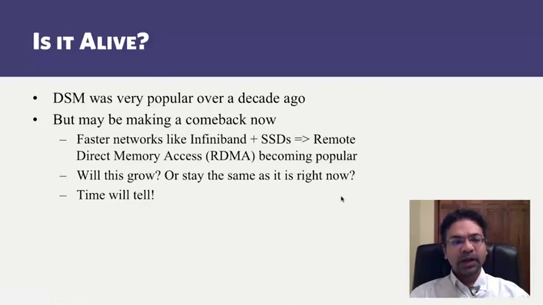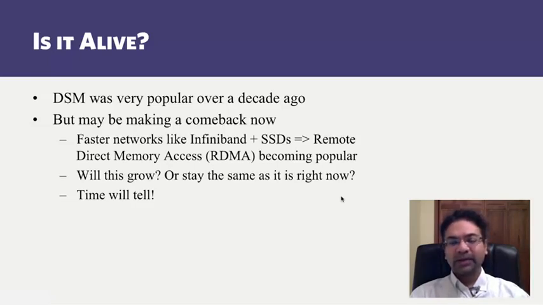So distributed shared memory has been a very popular area for a while. It was popular up until about a decade ago, and then it started falling in popularity. But some have surmised that it may be making a comeback now with faster networks like InfiniBand and other faster networks, as well as with solid-state drives and other newer versions of solid-state drives coming into the picture.